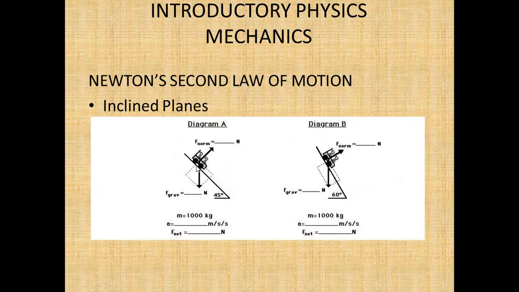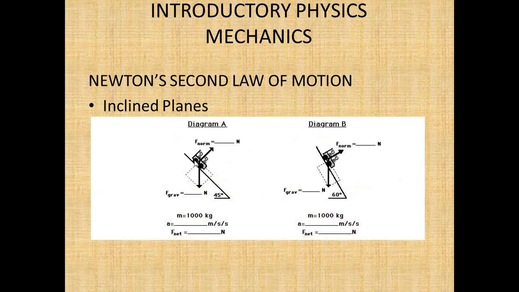So let's do this problem. You have a cart on an inclined surface of 45 degrees, and the question asks to find the normal force, to find the acceleration, and to find the net force. First thing you have to do is find the normal force and the parallel.